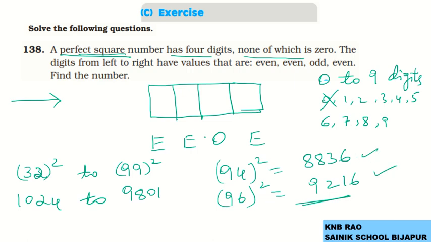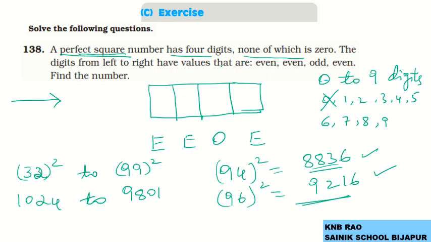Except these two, all remaining numbers fail to satisfy the given condition. But as an answer, in this book they have mentioned 8836, and I could say even this is a right answer. So except by observation, we cannot tell through any logic here.